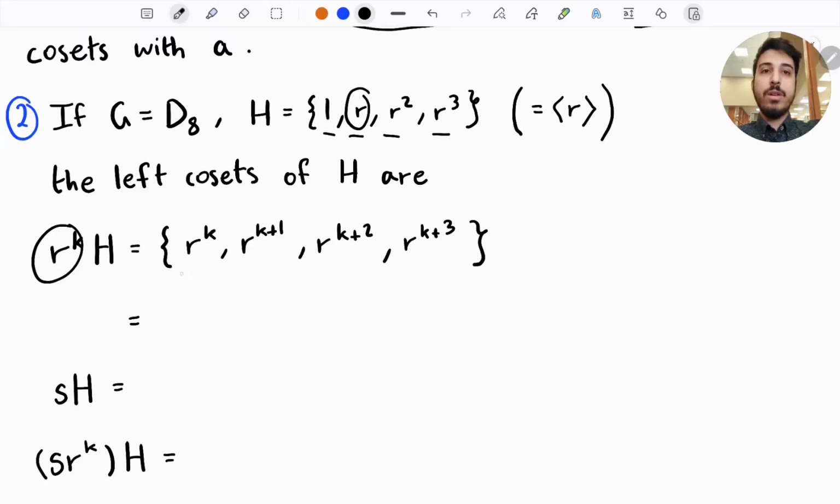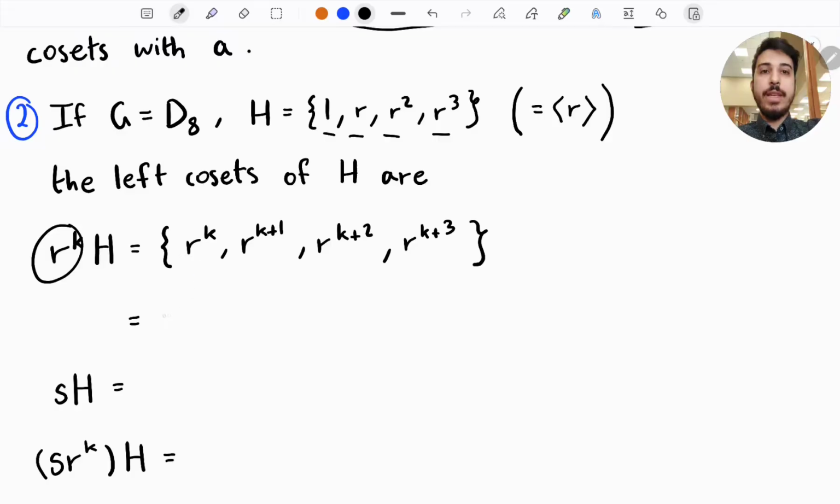So note that all of these elements are distinct, none of which is equal to any other element in this set. And also note that each of these elements is a multiple of r, so they all have to lie in H. So in conclusion, this element has to be one of those elements here, and this element has to be another element over there.